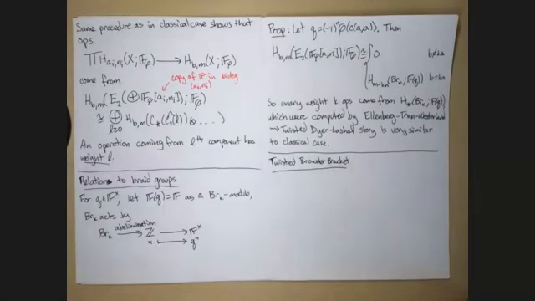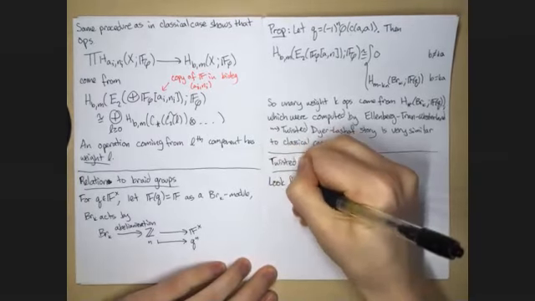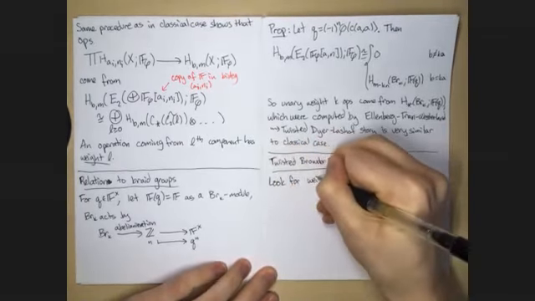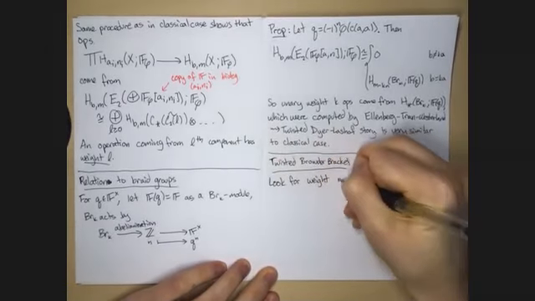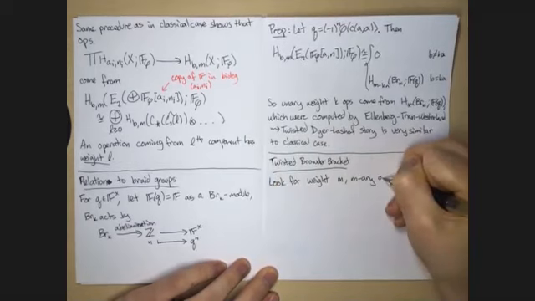Remember that classically the Browder bracket was a weight 2 binary operation. And so we don't necessarily expect that a weight 2 binary operation will be defined here. So instead we're going to look for weight m-ary operations, just in case the binary operation isn't defined.